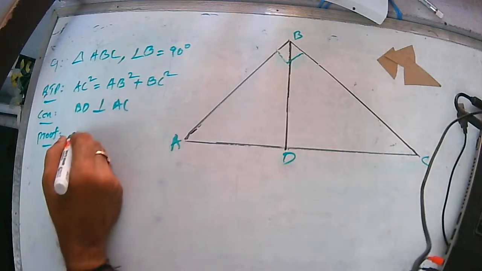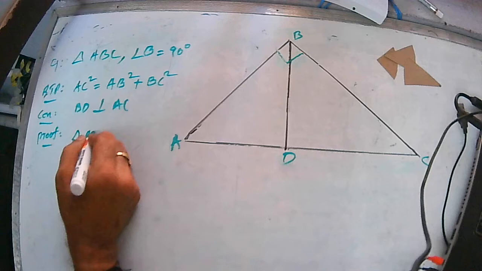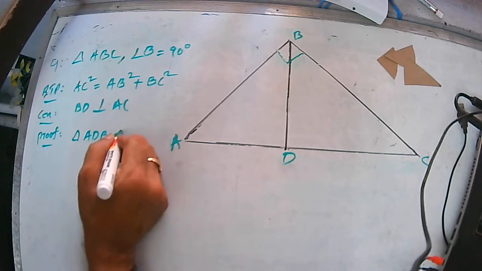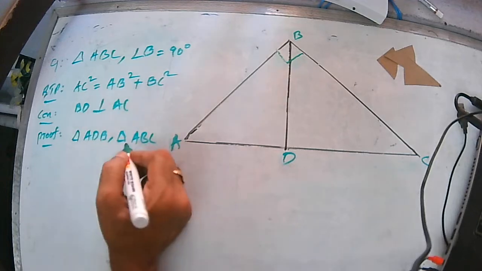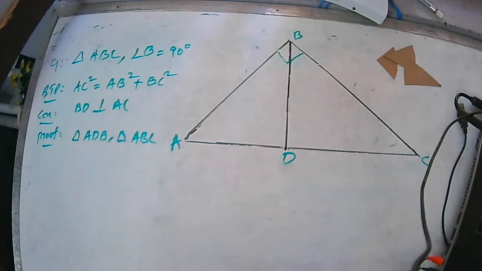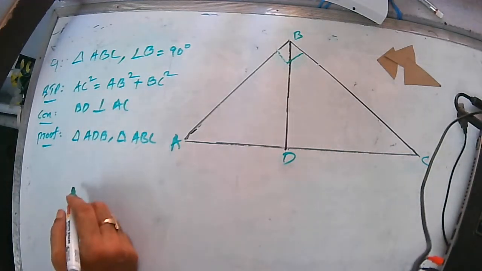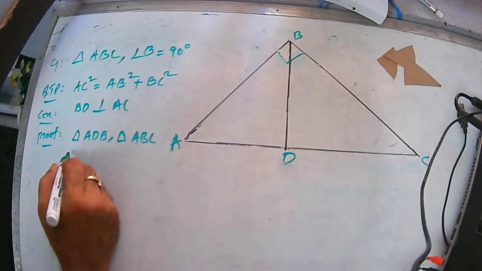First you take triangle ADB and triangle ABC. We are taking these two triangles. First, in these two triangles there is a 90 degrees angle.